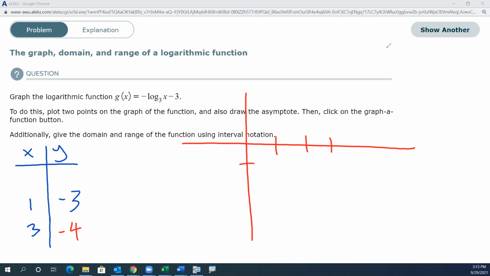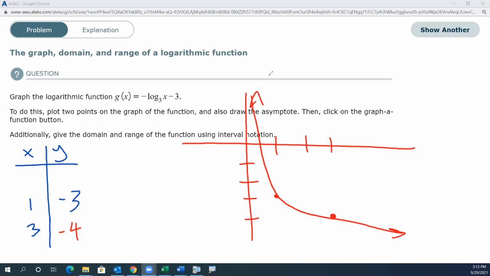We got a point at 1, negative 3, and a point at 3, negative 4. So it looks like we're going to do maybe something like this, because I'm familiar with log functions and stuff.